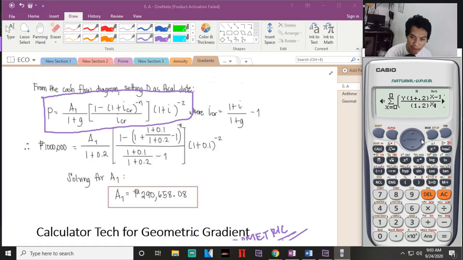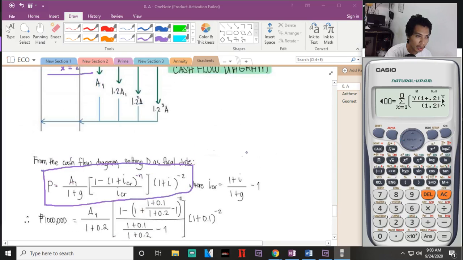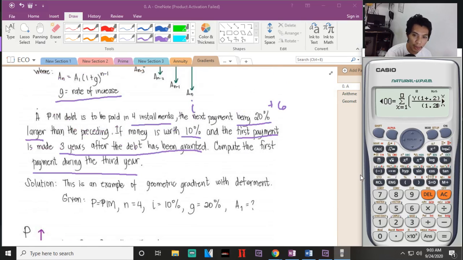Kasi si x gagamitin natin yan. Hindi pala 1.2. Ang interest rate natin, sir, 0.1. Ilang payments yan? 4. Solve for y. Nag-syntax error. Ba't ako nag-syntax error?